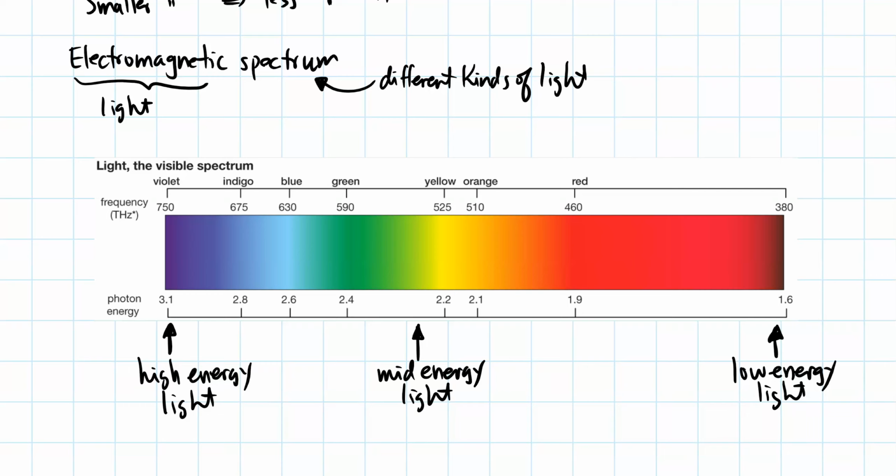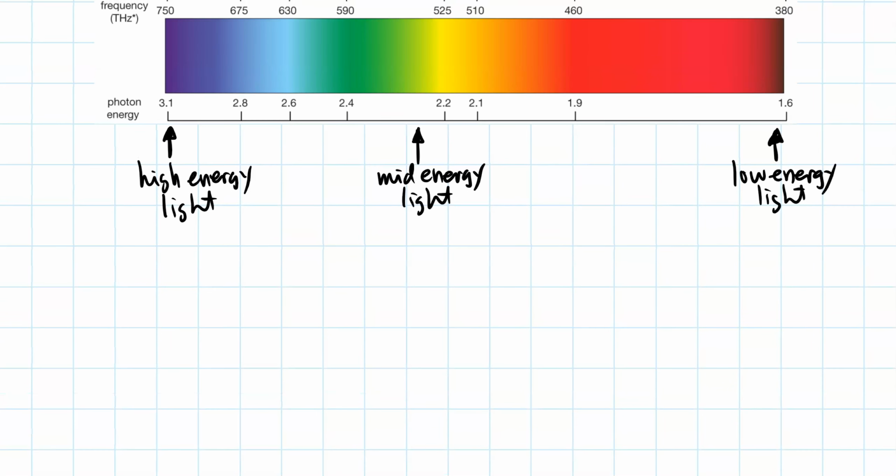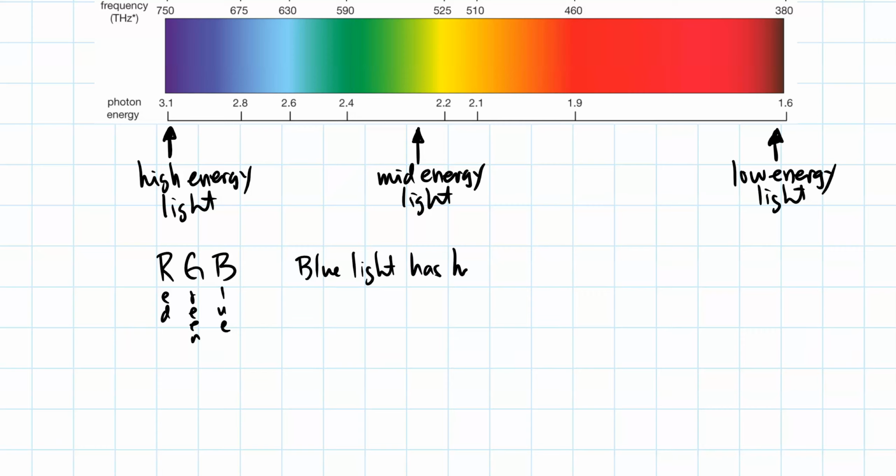So the way people talk about the spectrum is they call it the RGB, which means red, green, blue. So blue light has high energy.